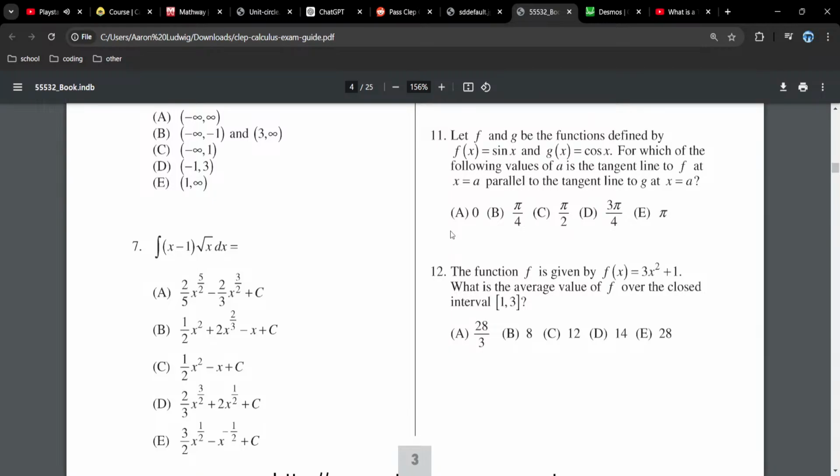Then let's try the next one, sine pi over 2, and then cosine pi over 2. What is pi over 2? Well, it's 90 degrees. If you took that at 90 degrees, the point is 0, 1.